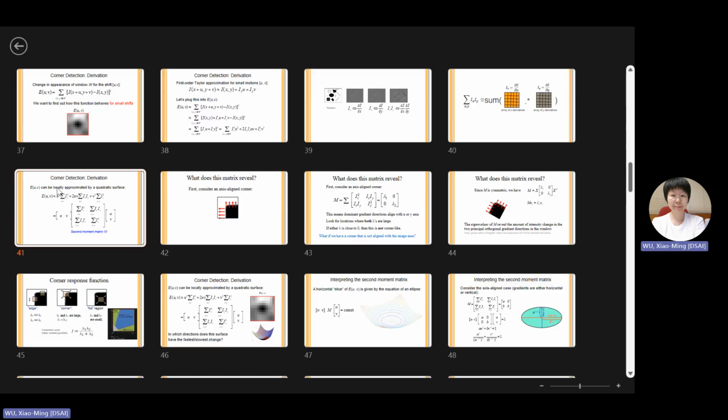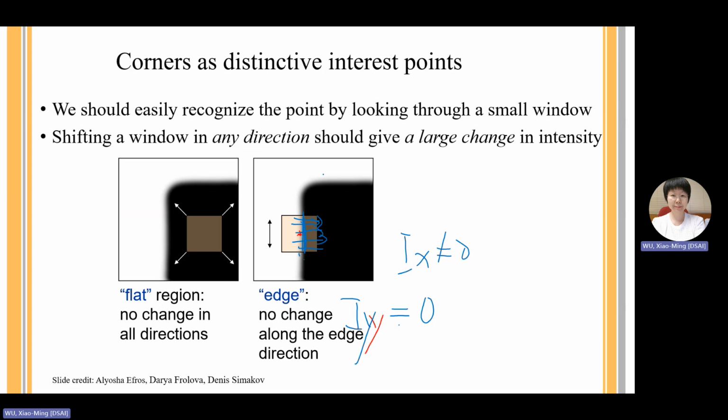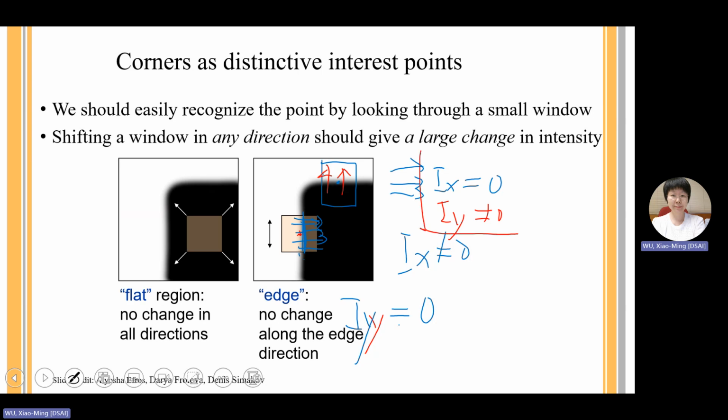And if we place our window here, you can observe all the x derivatives Ix are 0, but some Iy are non-zero. Okay, so what would the second moment matrix M be like in this case?